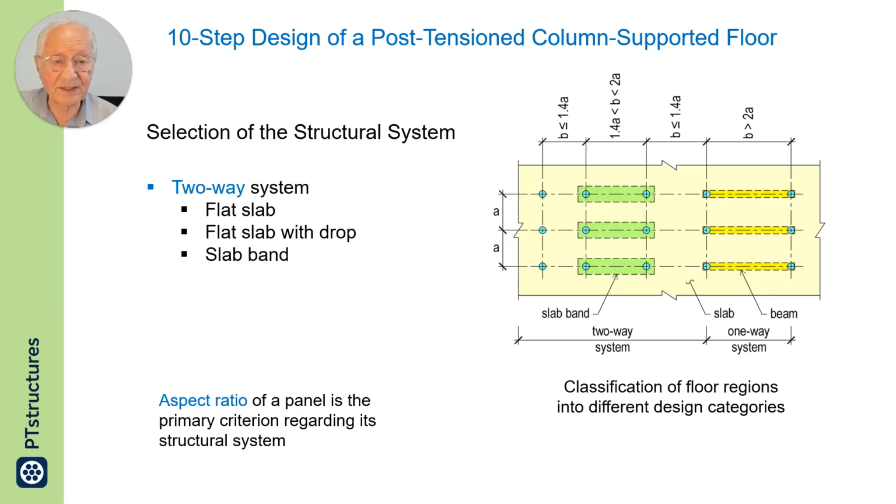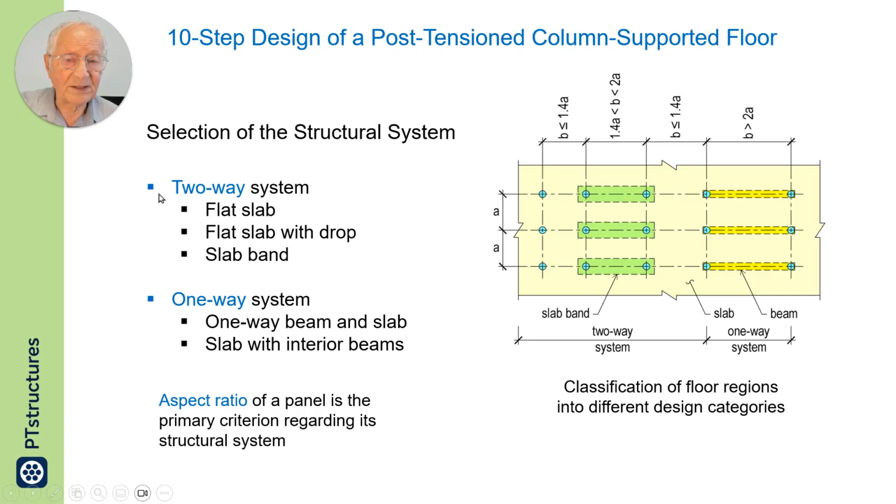So the options that you have are flat slab, that means uniform thickness throughout the way. You can have flat slab with drop cap or drop panel, and slab band. What I have shown here, this is the slab band.